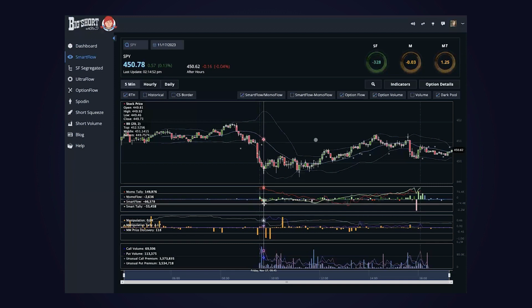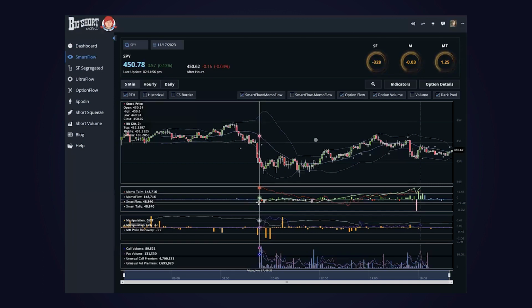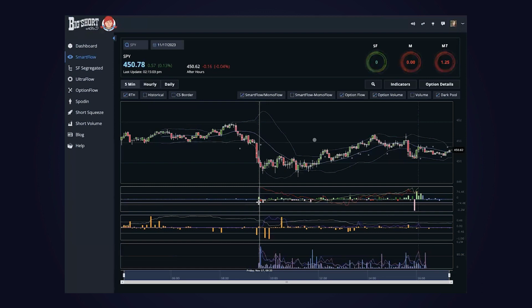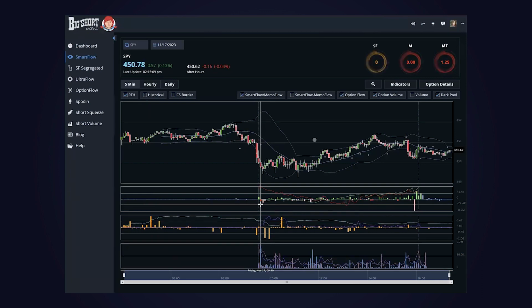Each individual bar shows whether there is a divergence between SmartFlow and Momo flow, or whether they're moving together. When there's a divergence, it tends to be predictive in the direction of SmartFlow.